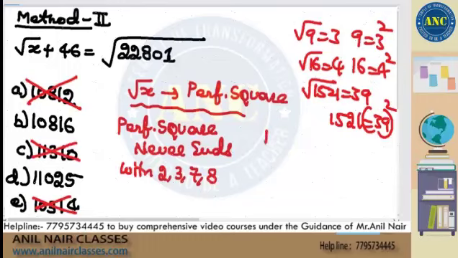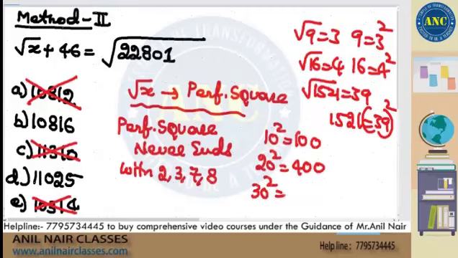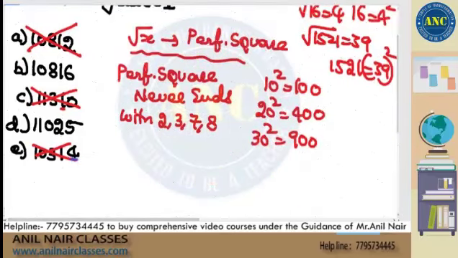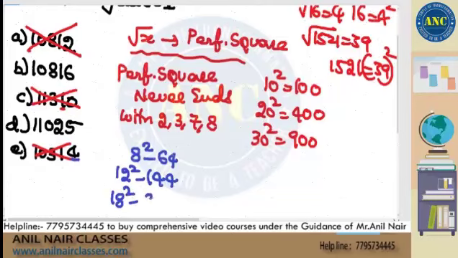Because any perfect square ending with 0, tens place should also be 0. 10 square 100, 20 square 400, 30 square 900, 40 square 1600. Any perfect square ending with 0, tens place is only 0. Next one, it is ending with 4. 8 square is 64. 12 square is 144, 18 square is 324.